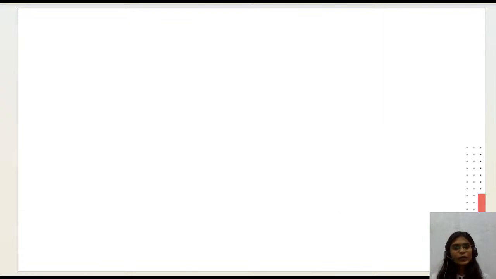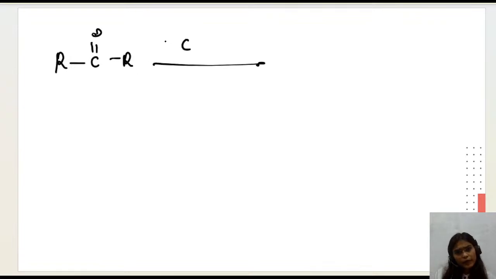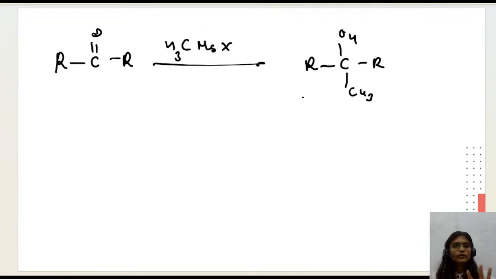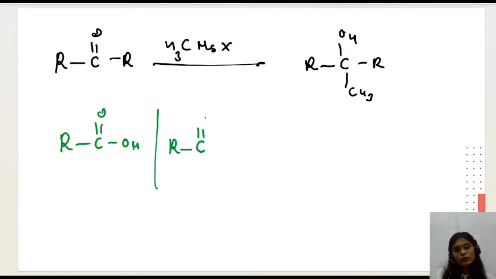What I want to highlight to you is, for example, if you already have a ketone like this, and I add CH3 MgX there, then we get O and R, and a CH3 group is connected because of the Grignard reaction. But on the other hand, if you have an acid, or if you have an ester, the same procedure we are going to follow.